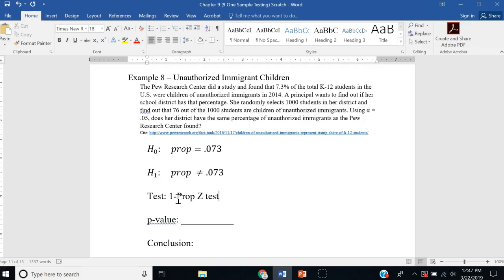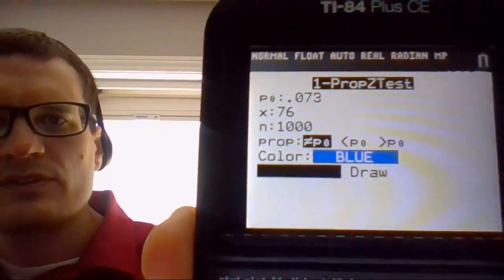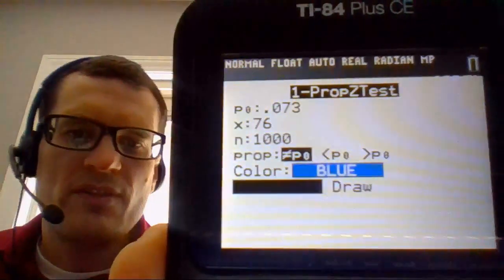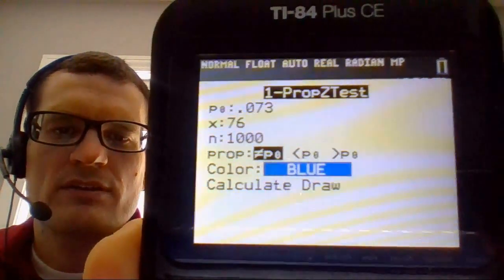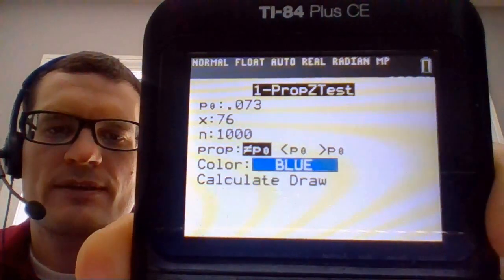And then once you go into your calculator and do the test, again, stats test number 5 there, 0.073 is your P0, your X value is 76, your N is 1,000, and you're going to choose not equal to. So once again on the calculator, that's what the screen should look like.